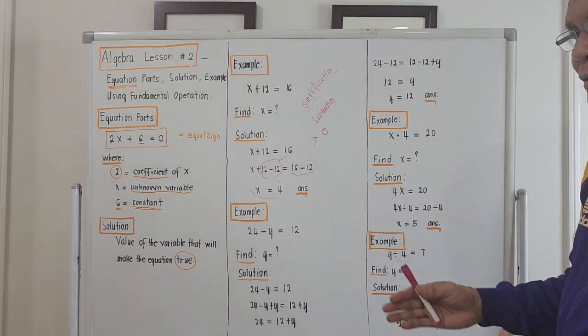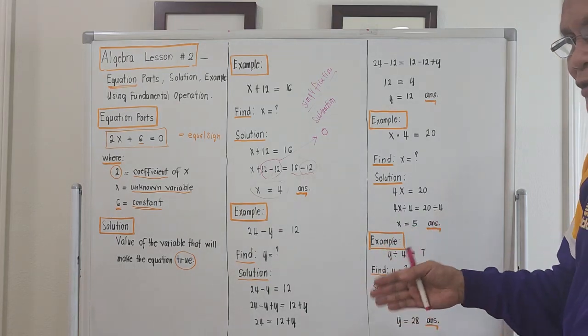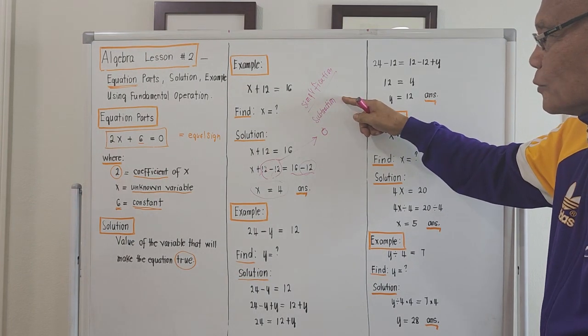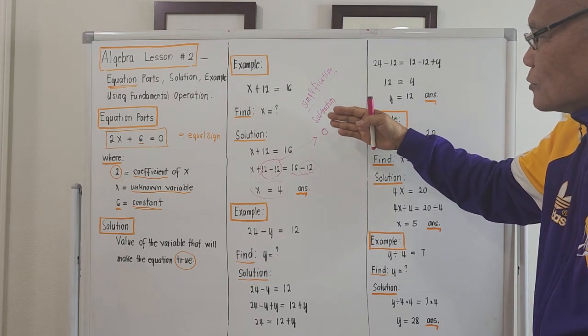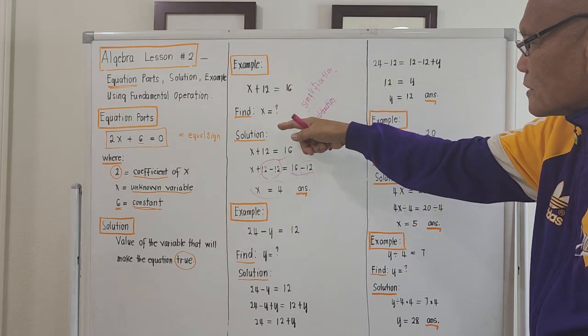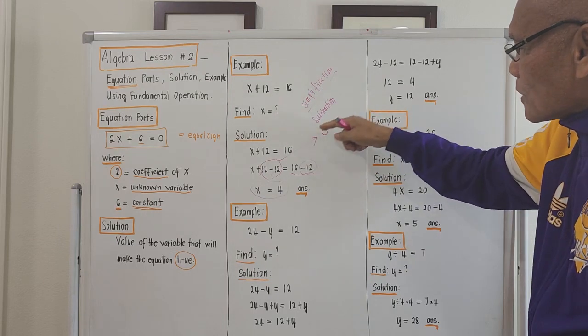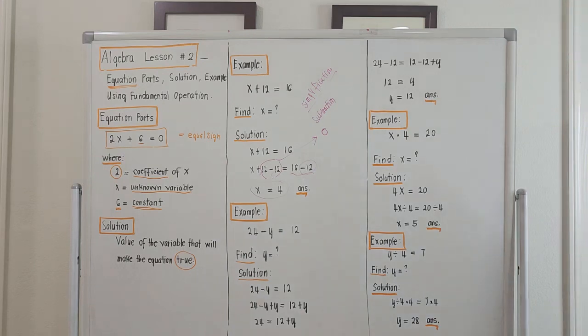That's it. What fundamental operation is involved here? It is subtraction. With the given equation x plus 12 equal to 16, to find the unknown, which is x, we must perform the fundamental operation subtraction on both the left and right.